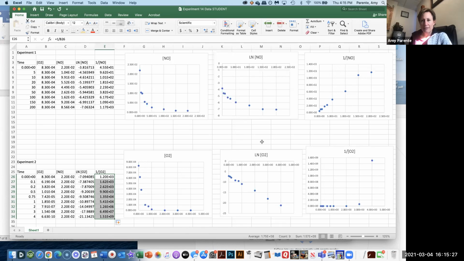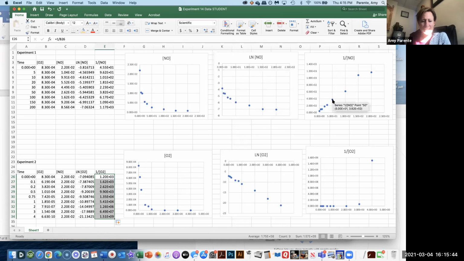The last piece of information we need to get from our Excel work before we're done with our Excel workbook is, any place that there was a straight line, I want to know what the slope of that line is. This is stuff that we've already done.